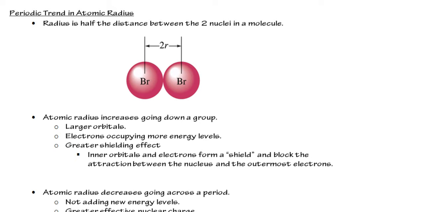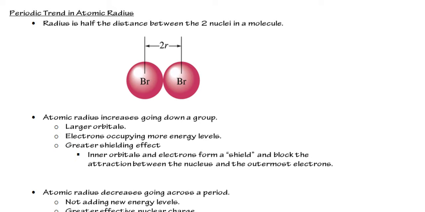Well, they're all the same shape. The difference is just that the electrons can be further from the nucleus, or in other words, this orbital encompasses a wider range around the nucleus. So number one, we've got larger orbitals. Electrons occupy more energy levels, meaning that they're farther from the nucleus, contributing to this increase in radius.